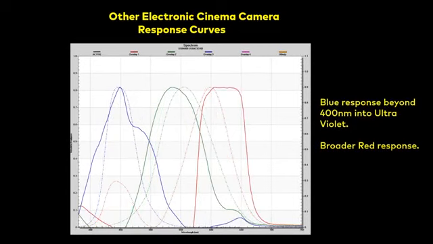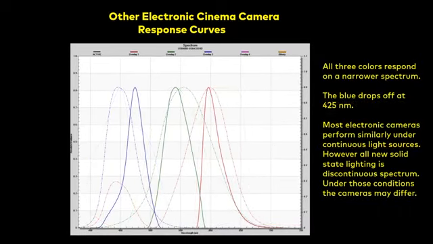Here's another very popular camera. Different. Still renders really interesting images, great images. A little bit of sensitivity in the UV. Knowing this, you may want to consider using a UV filter when you're shooting. Here's another one. Brilliant images, it's just different.